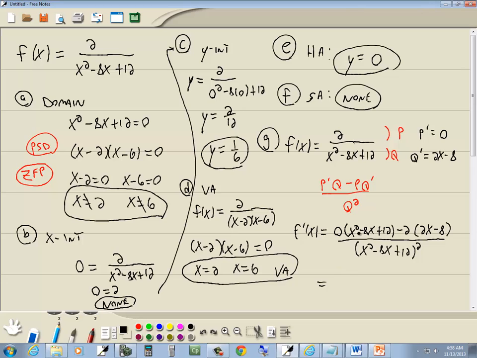Well, 0 times anything drops away, so that goes away. And here, I could factor a 2 out of the 2x minus 8, but it probably doesn't benefit us a whole lot.